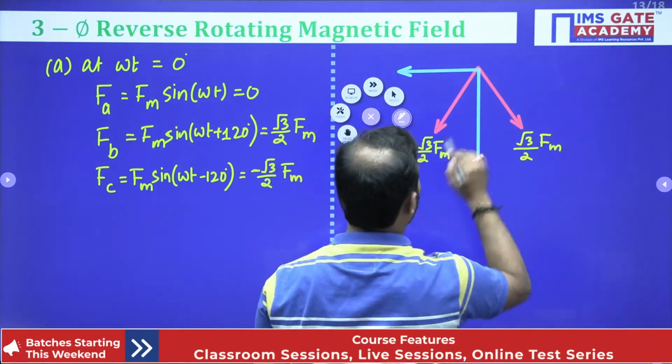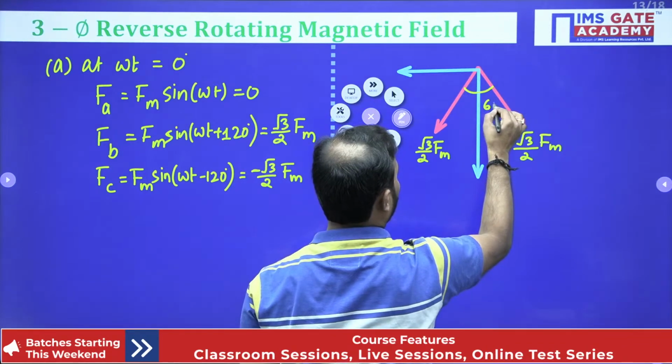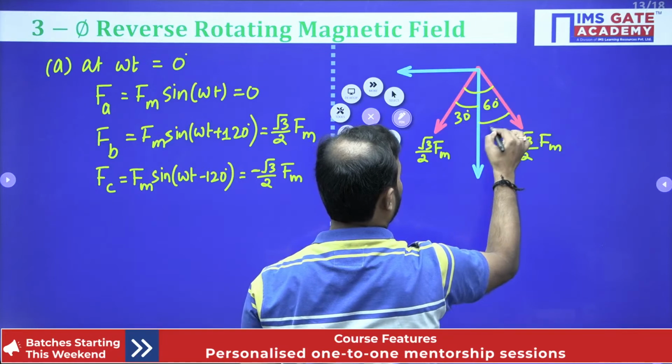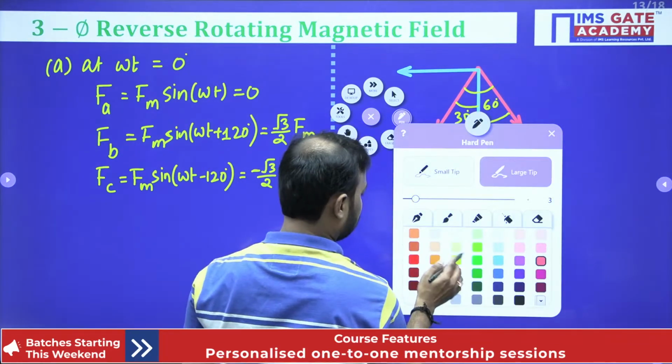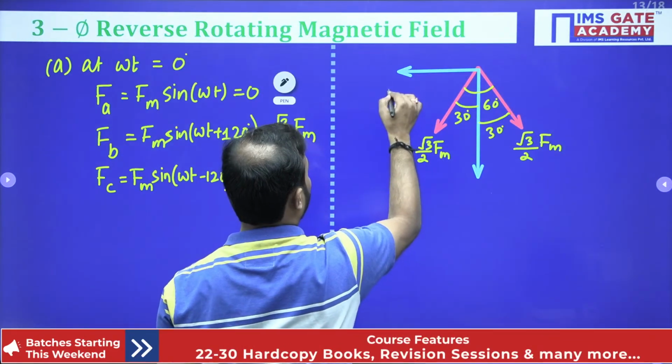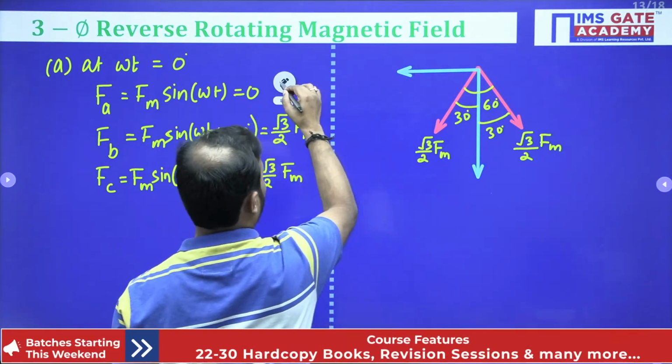The total angle is 60 degree, so this will be 30 degree and this will be 30 degree.